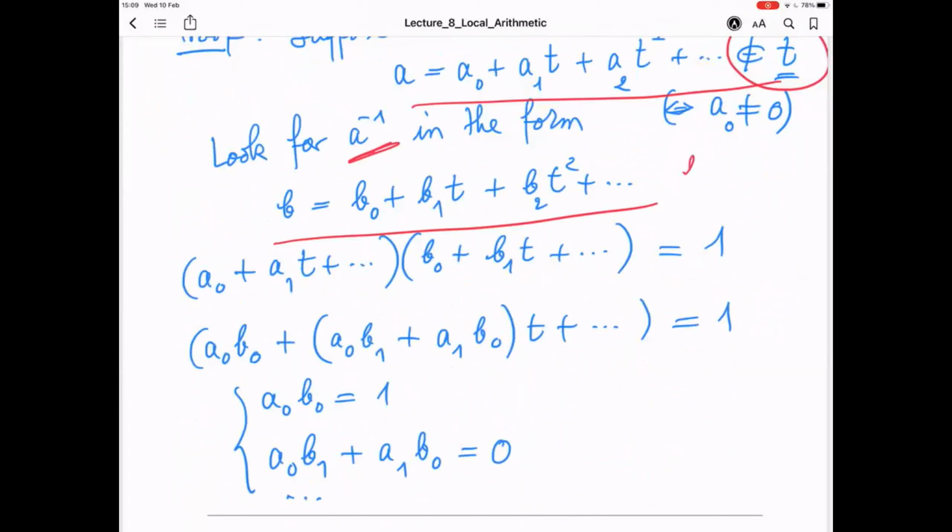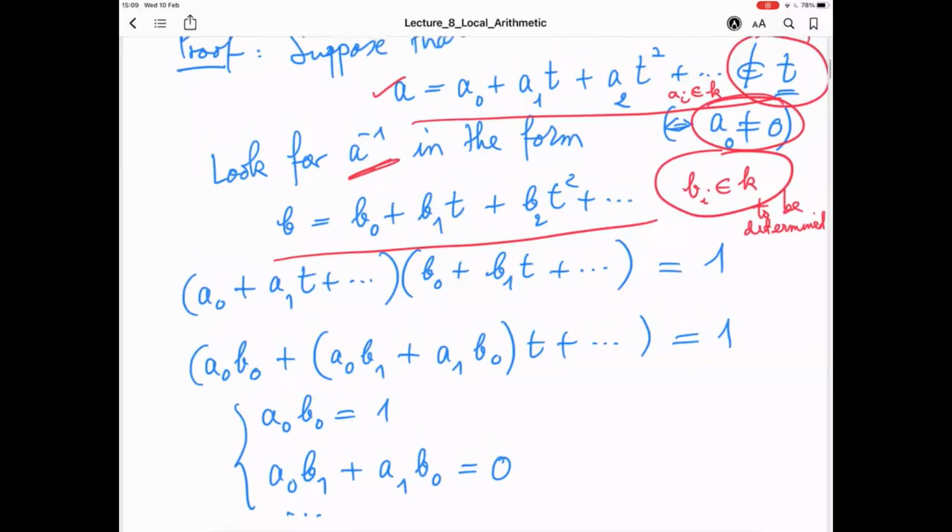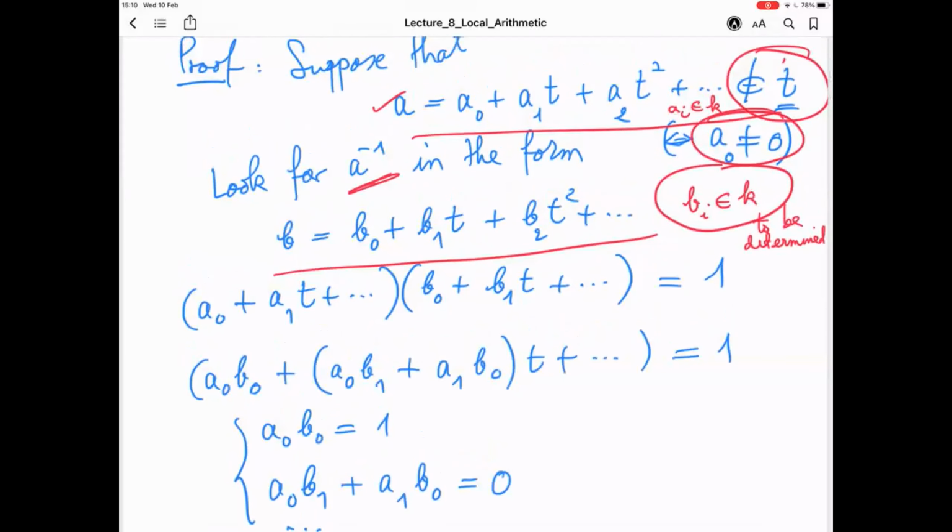Now, these B_i are, of course, in K, but they are to be determined. These A_i are in K, and they're given to me. And A is not equal to 0, because this A is not in the ideal generated by t.